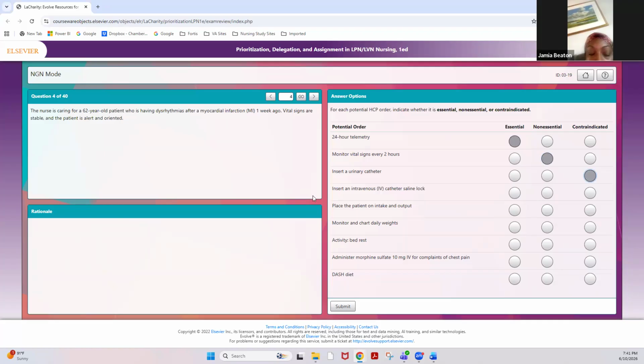Contraindicated. All right. I'm reading the chat as I'm listening to you guys too. All right. Insert an IV catheter saline lock. Non-essential. Okay.